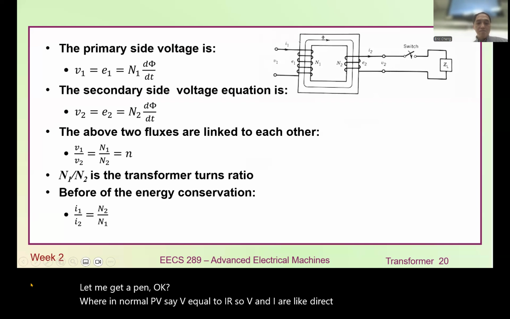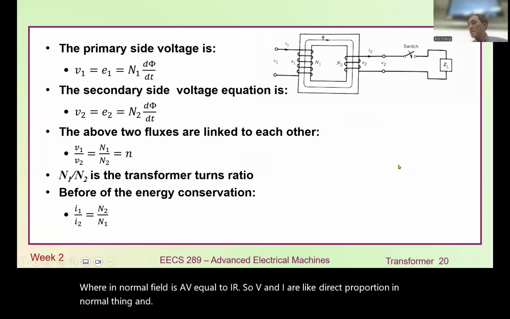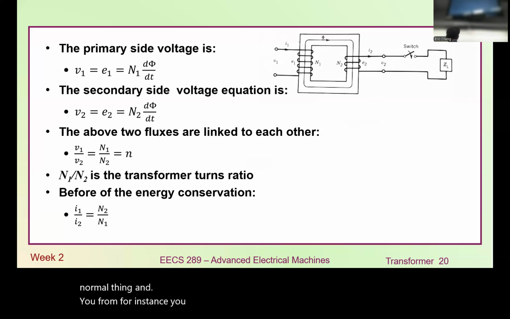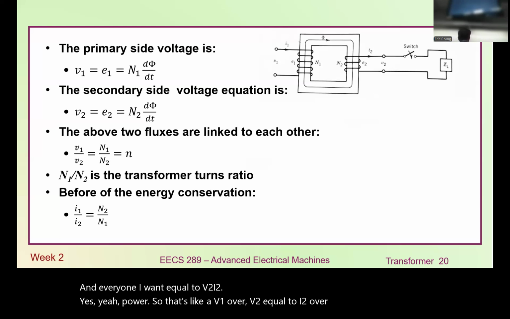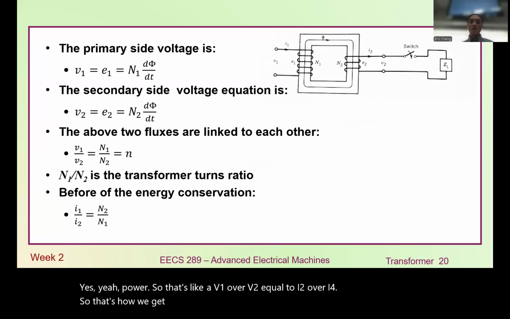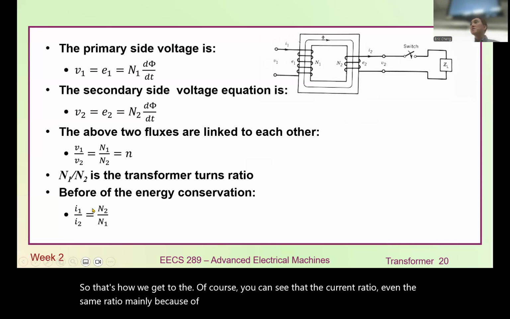Here, V1 over V2 equals N, and V1 I1 equals V2 I2, power. So V1 over V2 equals I2 over I1, which equals N. That's how we get the current ratio equal to the same ratio, mainly because of power conservation. If we had high power losses, that may not be the case.